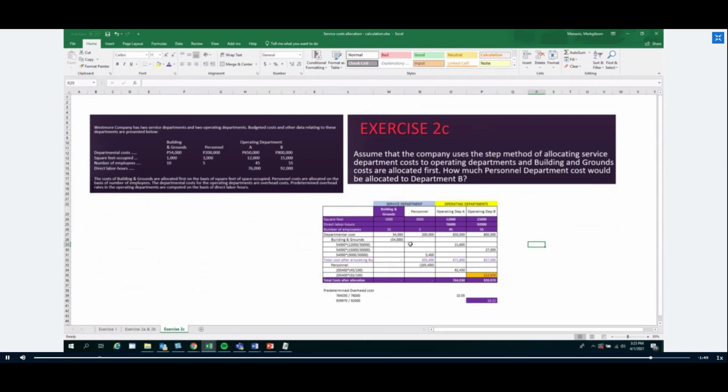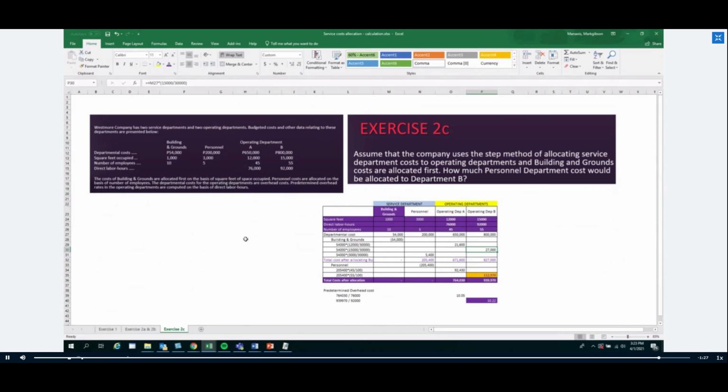So depending on the allocation method. So in this example, si building and grounds, yung cost niya na-allocate between personnel, operating department A, and operating department B. Binigay din naman kung ano yung basis. Ang sabi, square feet of space occupied, no?